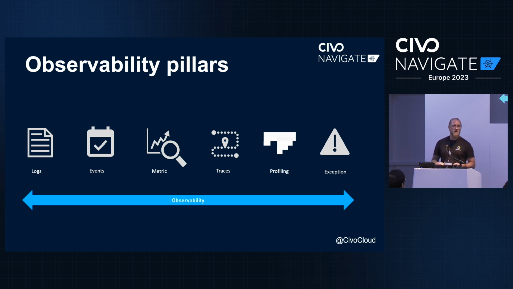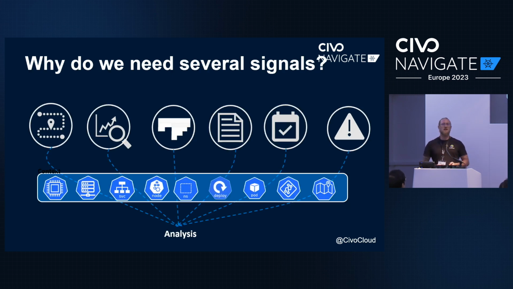Then we have traces. Traces have been very popular for a few years, since the emergence of OpenTracing and OpenTelemetry. Traces are a great start, but usually when you have a problem, you will jump into profiling. Profiling is where you're going to figure out what is causing the CPU time, what is causing the memory. So profiling is very, very powerful. But observability pillars are great, but without context, it's useless.